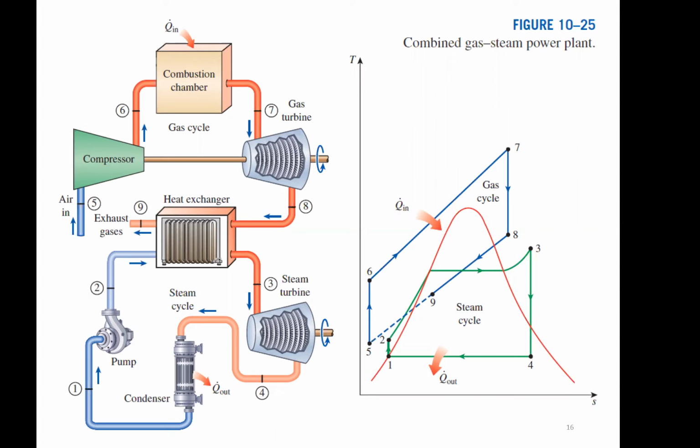Just to make it more complex, what's going on a lot now to increase efficiency is this combined gas steam power plant. Because gas turbines get higher temperatures because we can keep the cooling down of what the blades will experience. So we would have basically a Brayton cycle right here, okay? And then you have a Rankine cycle.